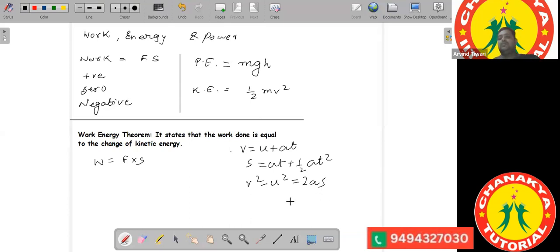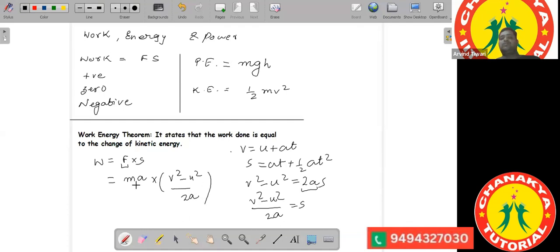Okay, so just by rearranging the terms, if I transpose this 2a to the other side, we get here (v squared minus u squared) by 2a equals s. Okay. So substituting this value of s, and in place of force, if we substitute ma, and in place of displacement, we substitute (v squared minus u squared) divided by 2a.